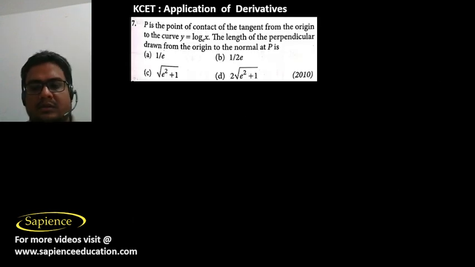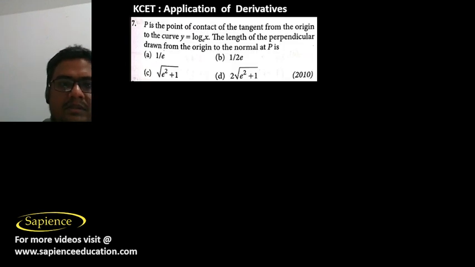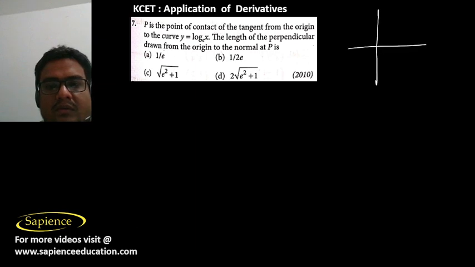Then in question number 7, told that P is the point of contact of the tangent from the origin to the curve y is equal to log x. So the graph of y is equal to log x is somewhat like this. This is e.